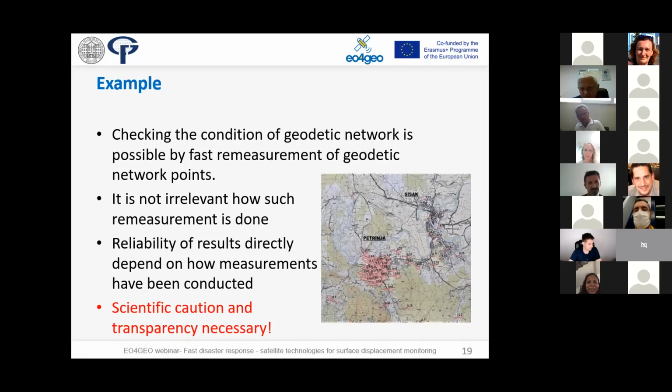So you can see that the computed displacements are quite high, even over 3, 4, 5 decimeters in the Petrinja network, so around the town of Petrinja, and much lower in the Sisak area, which is also showing us very well the intensity and spreading of the earthquake.